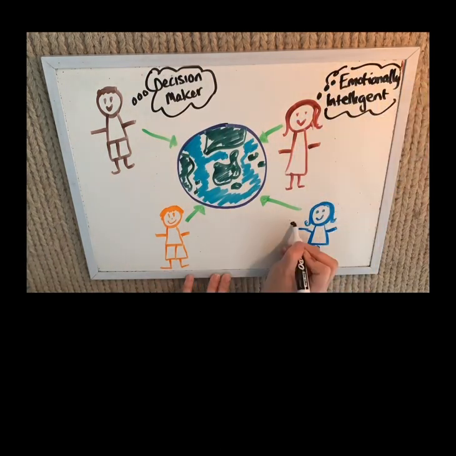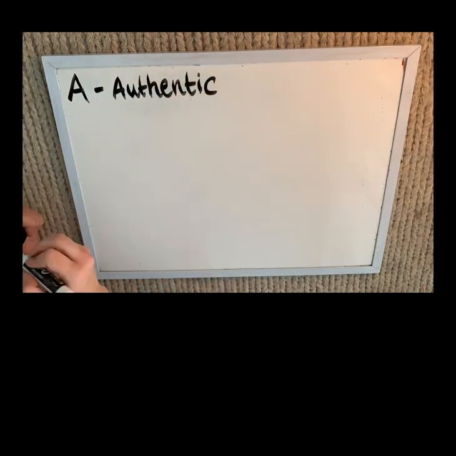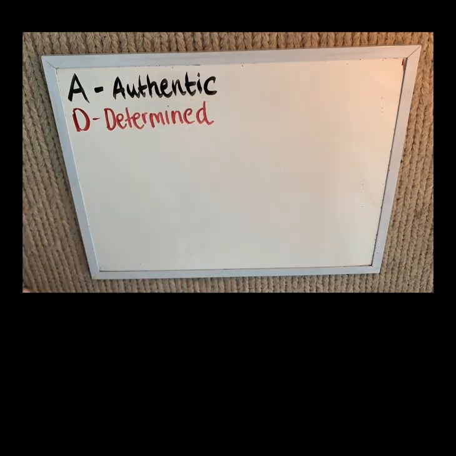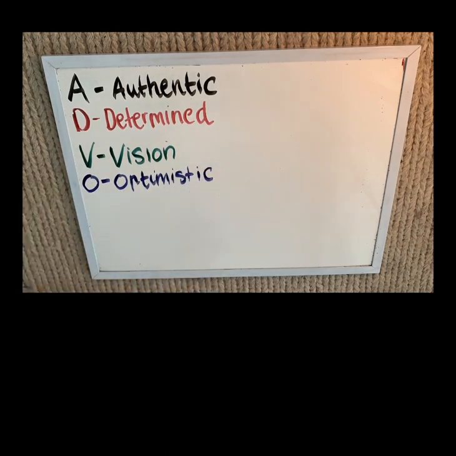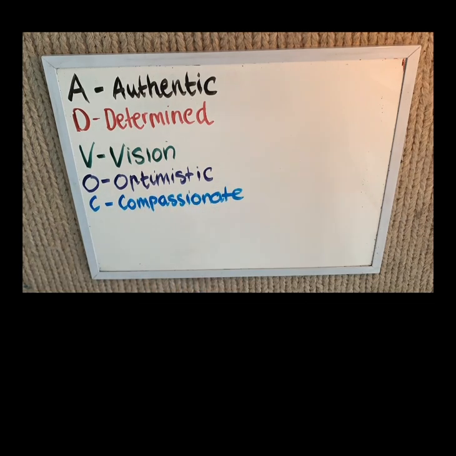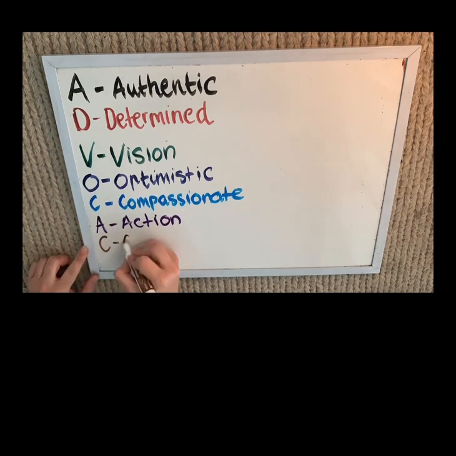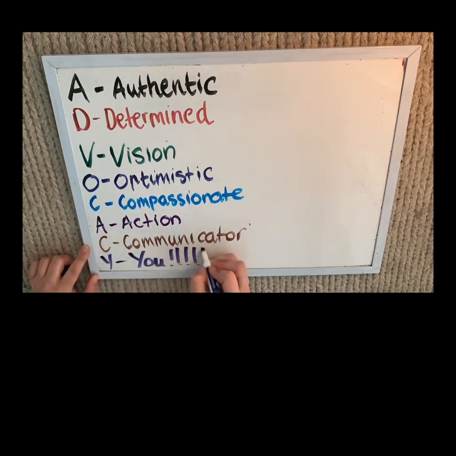Some of these include being authentic in fostering genuine connections with children and families, determined in the pursuit of the best outcomes for each child's growth and development, having a shared vision towards a common goal, being optimistic in your pathway to create change ahead, being compassionate towards each child and their families to create a supportive environment, taking action and actively advocating for the well-being and rights of each child, being a communicator to foster understanding, engagement, and knowledge sharing, believing in you to be the driver of change.